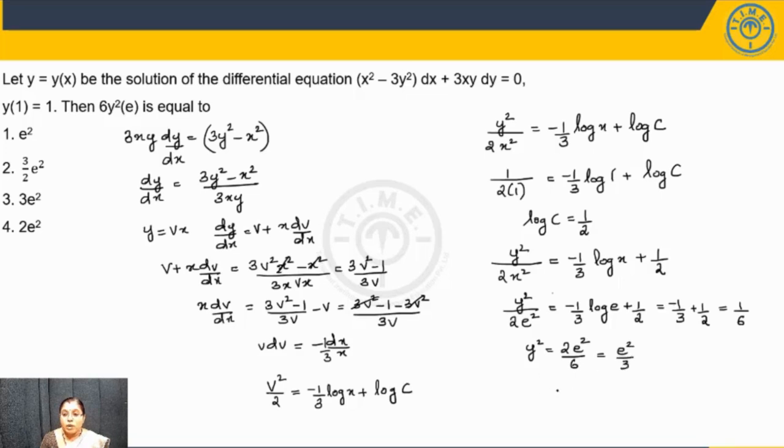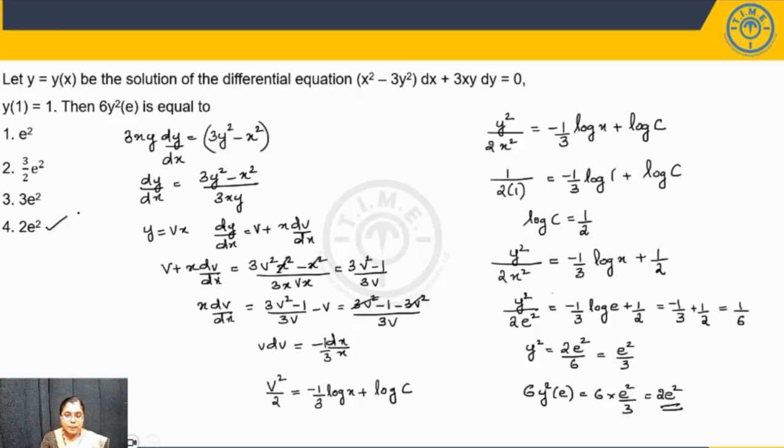Now what do we have to find out? We have to find out 6 into y square, right? So 6 into y square at e is given by 6 into e square by 3. So cancelling common factors, we have 2e square. So the required answer is option 4.